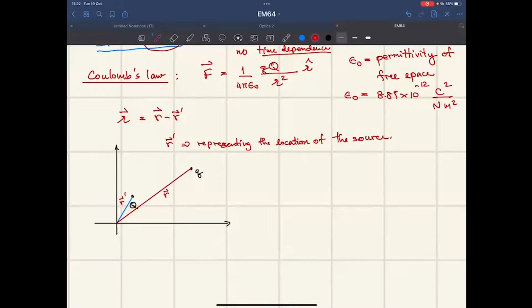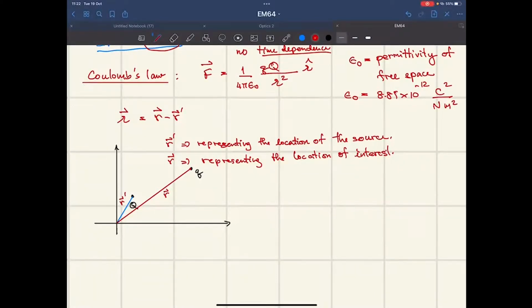And here R is representing the location of interest. We are interested in what is the field here, the force here.